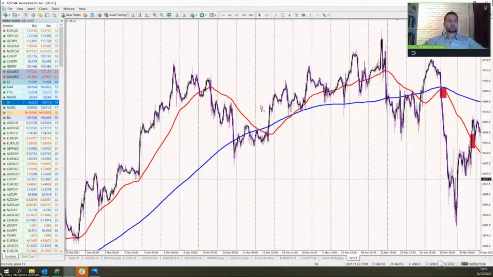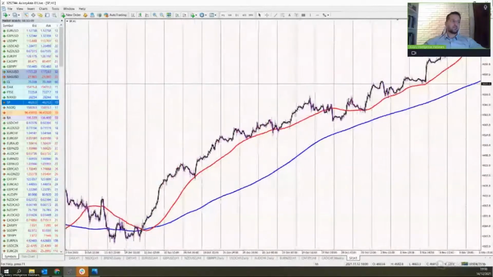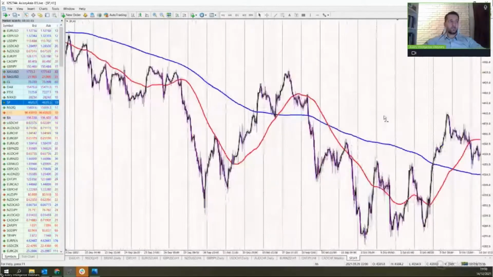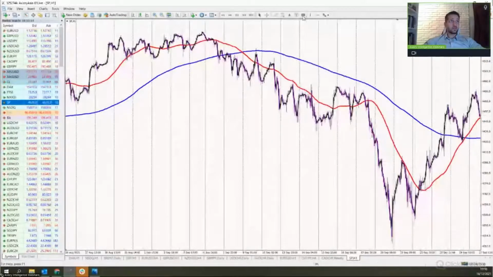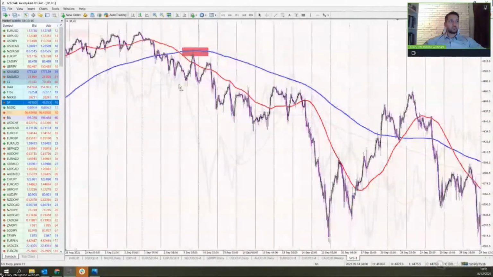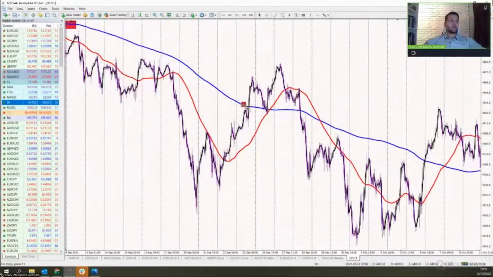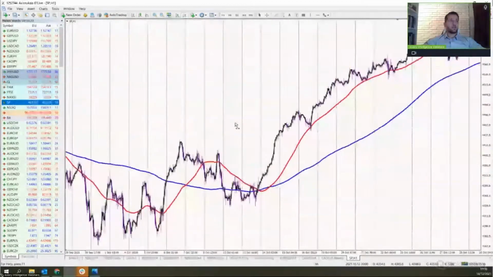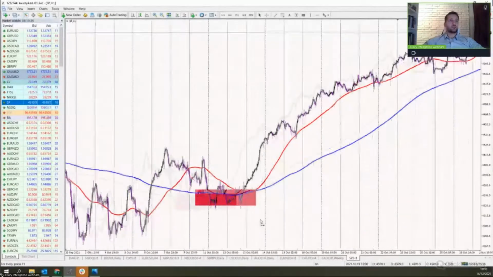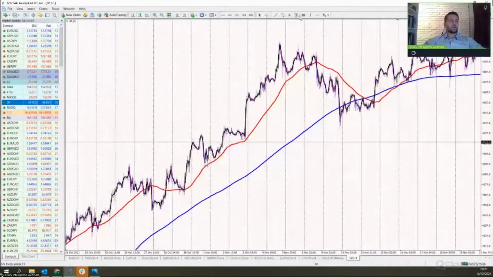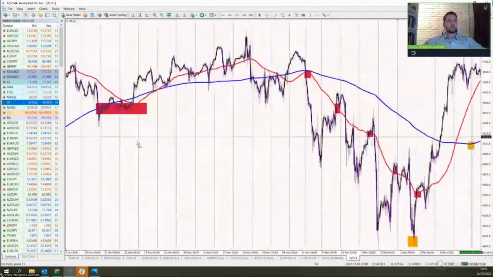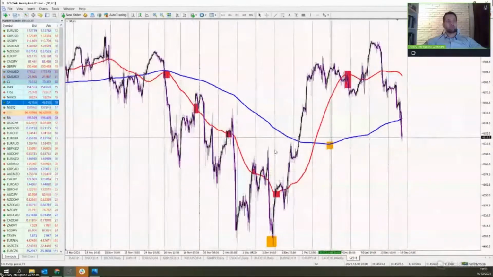Also, another way how traders use moving averages is as support or resistance, and in particular they use 200 periods. Look at this, resistance. After resistance here, after the breakout, support. Here, kind of a support. Here, kind of a support. It's not the best way to trade, but at some point it gives a signal about the direction.